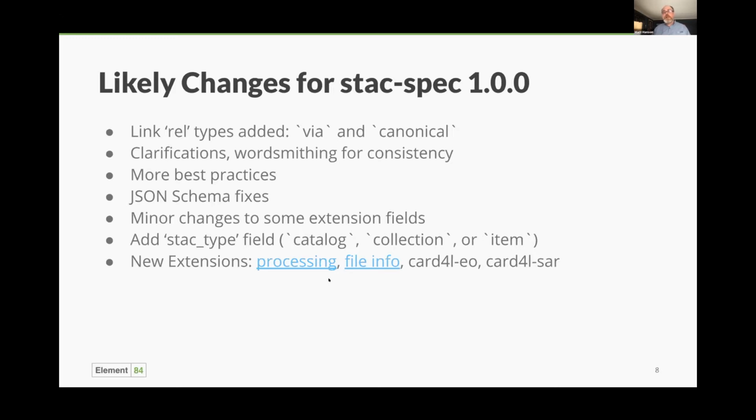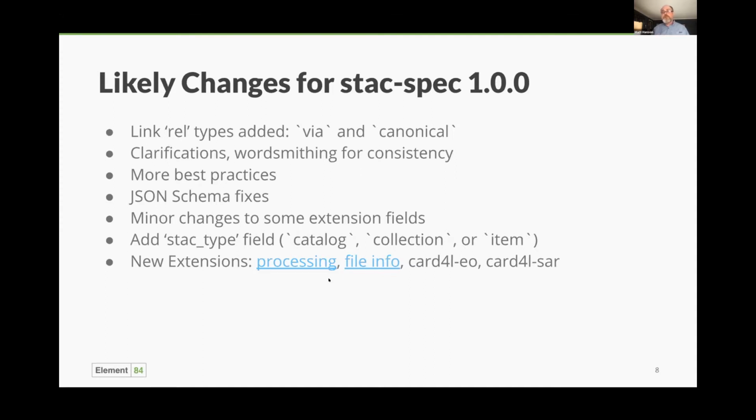We're currently discussing adding the STAC type field. There seems to be a lot of interest in doing that. I think that's probably going to end up happening so that there's an explicit field that says what kind of STAC entity this is: a catalog, a collection, or an item. And finally, there's a variety of new extensions that are probably going to be pulled in before 1.0.